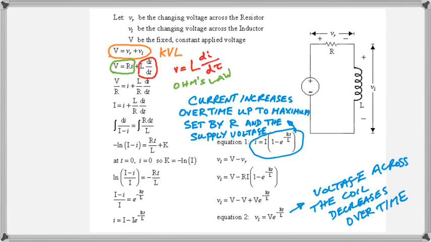We haven't specified a voltage on the voltage source, but clearly wherever big V appears in the problem, big V is the fixed constant applied voltage by that voltage source there.